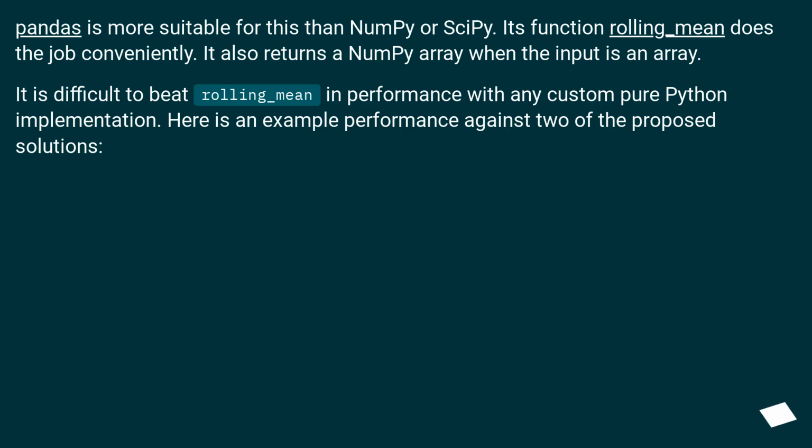Pandas is more suitable for this than NumPy or SciPy. Its function rolling_mean does the job conveniently. It also returns a NumPy array when the input is an array. It is difficult to beat rolling_mean in performance with any custom pure Python implementation.